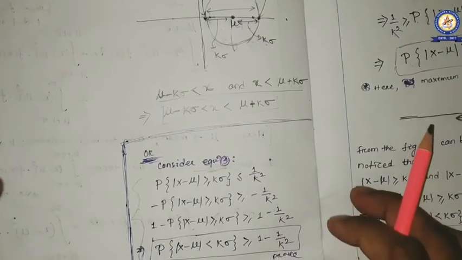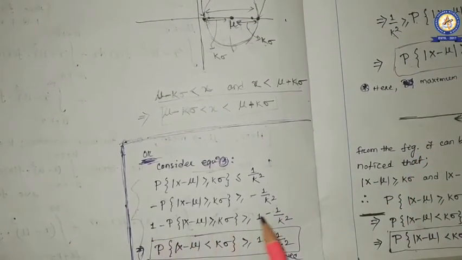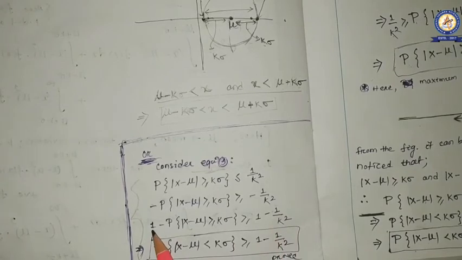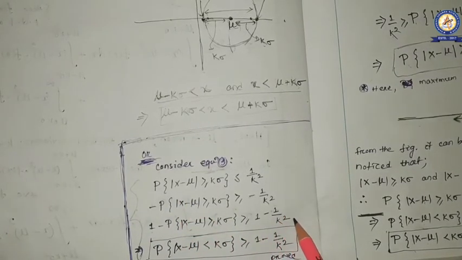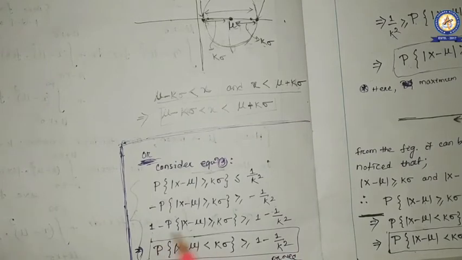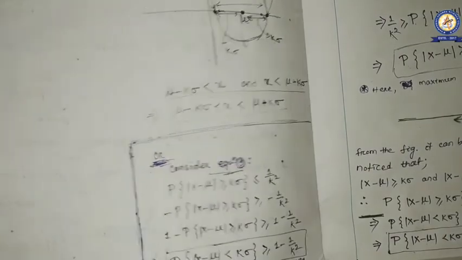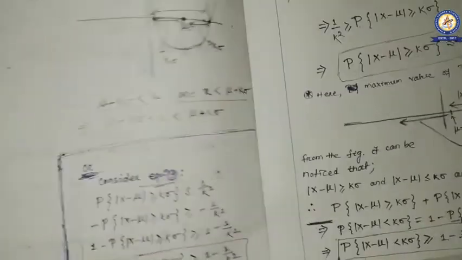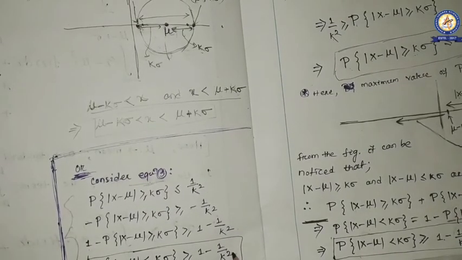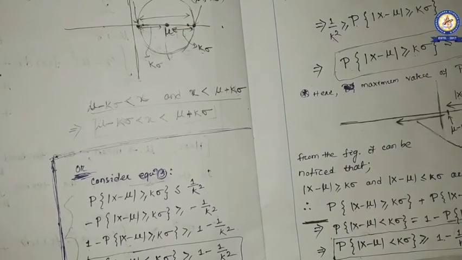Then I am going to add 1 on this side and 1 on this side. So 1 minus this one is greater than or equal to 1 minus 1 by k square. And here 1 minus this value is nothing but this one. So hence this value is greater than or equal to 1 minus 1 by k square, hence proved.